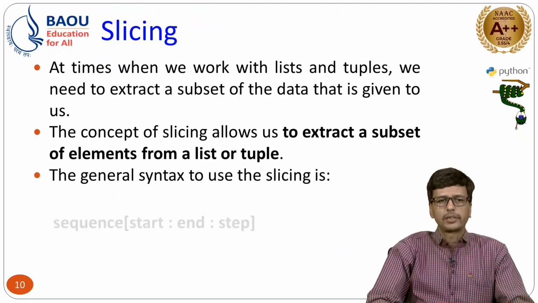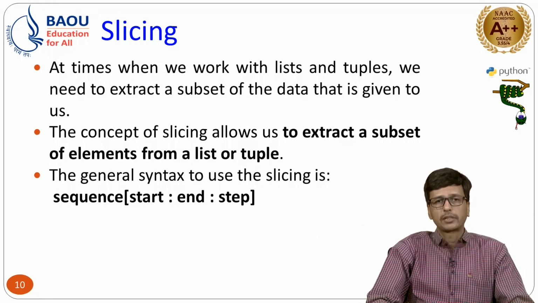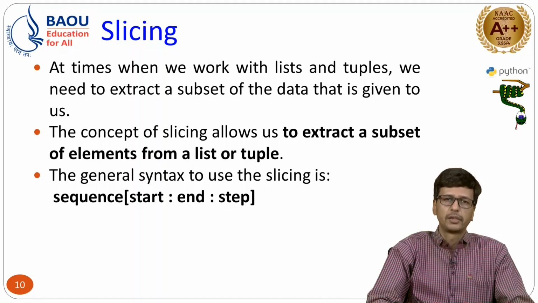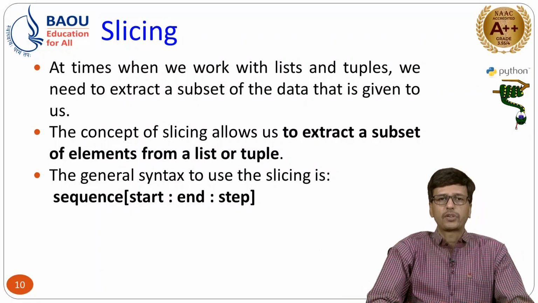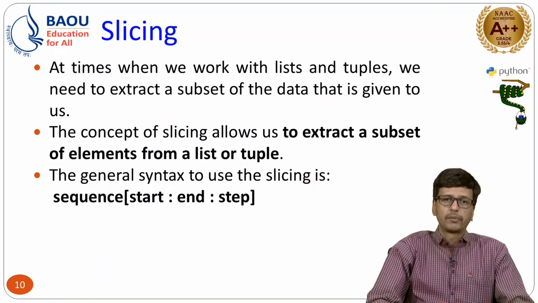So you can see the syntax here: sequence, whatever it may be, list or tuple. What is the syntax? The start value you have to write, that is the index value you want to fetch, you mention here as the start, then after the colon sign, then the end. So up to which index, minus 1, because the range is exclusive, right?